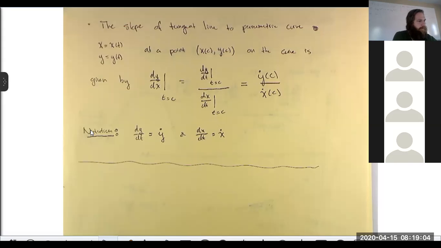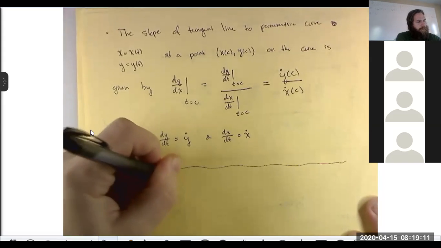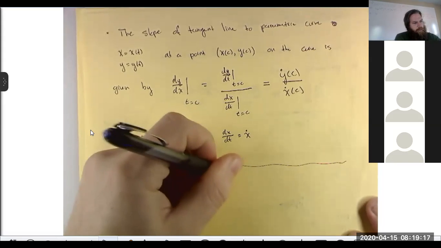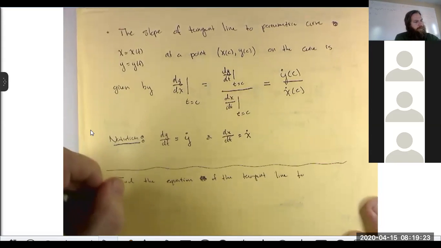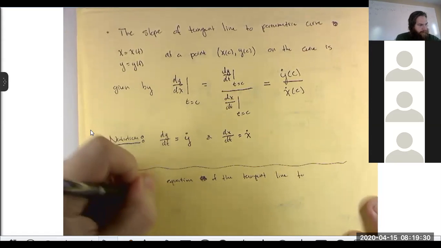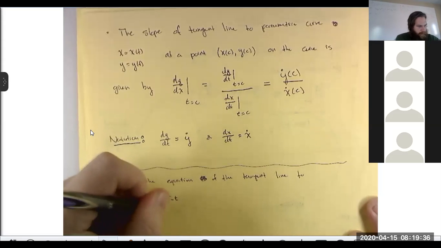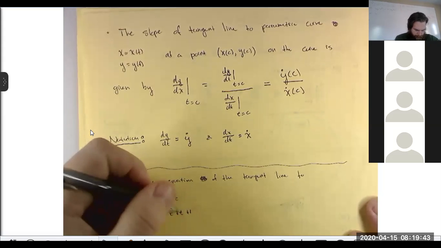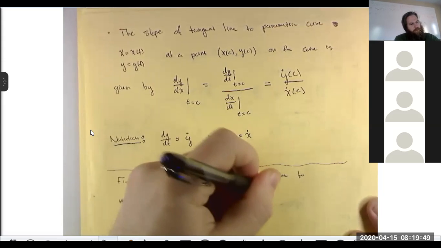Okay, so let's find the equation of the tangent line to x equals t squared minus t, y equals t squared plus t plus 1, at the point 0, 3.